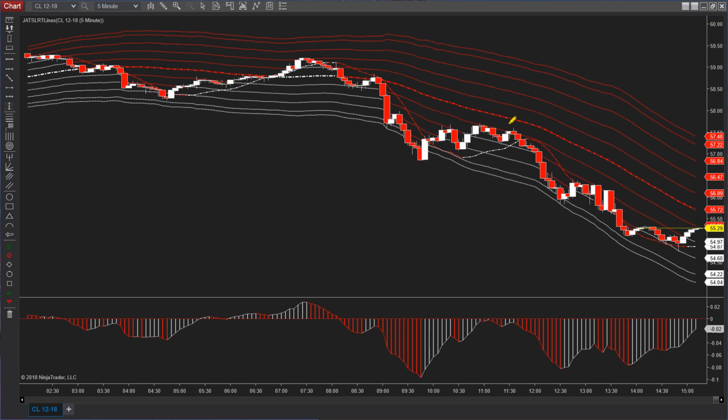Another way to trade this is to trade the slope of the fast line. And now we're going back up. So be careful for the pullback.